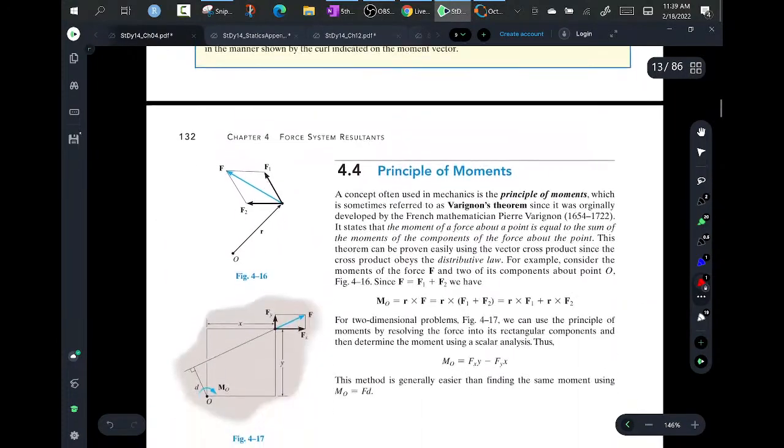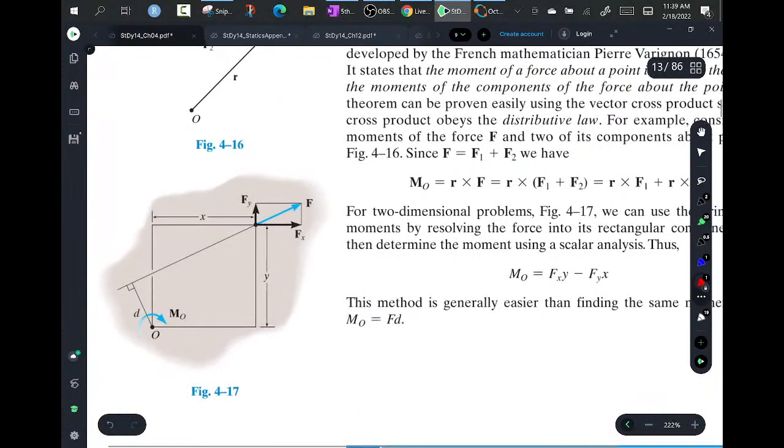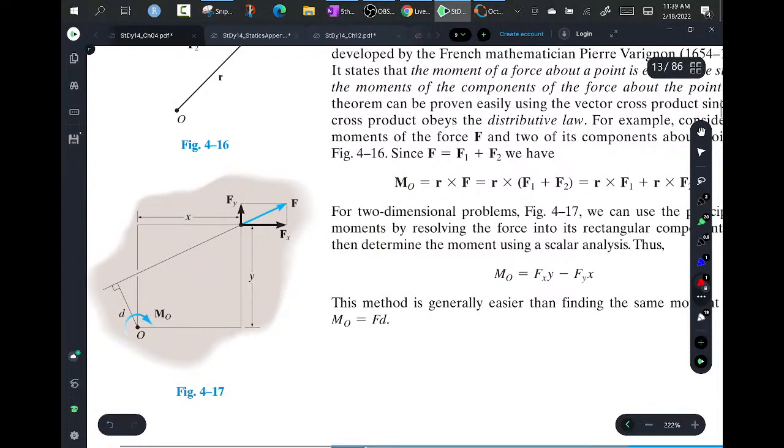Okay, this is the principle of moments. All he's doing here is saying this: if I broke this down, this is weird, I can break this force into 2 forces. And once they're independently broken apart, let me do each one individually.